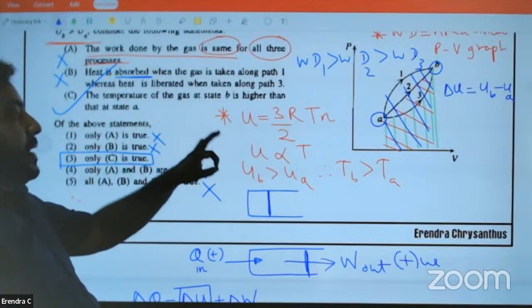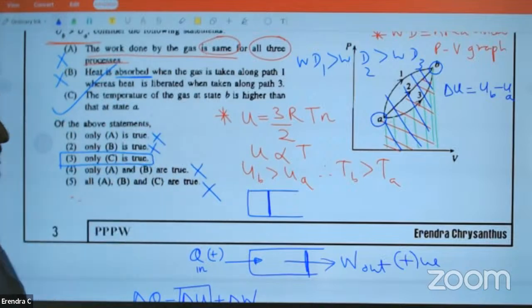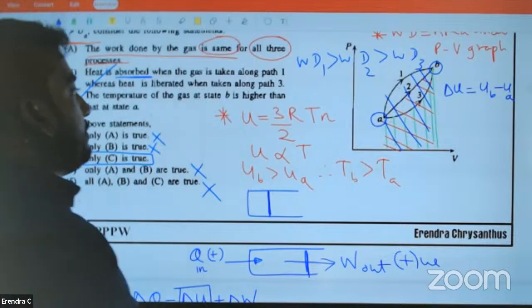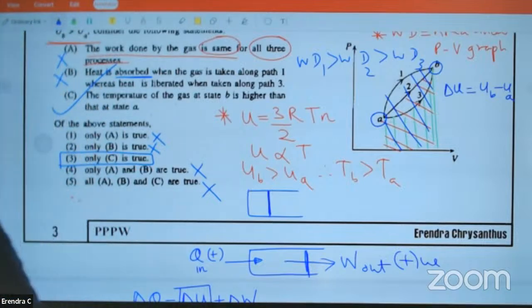Internal energy depends on the absolute temperature.